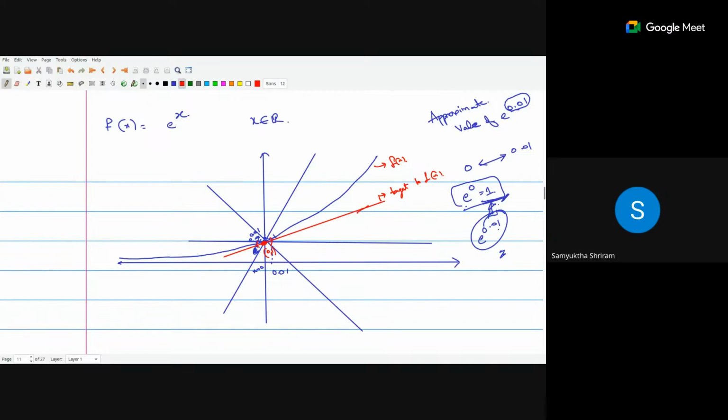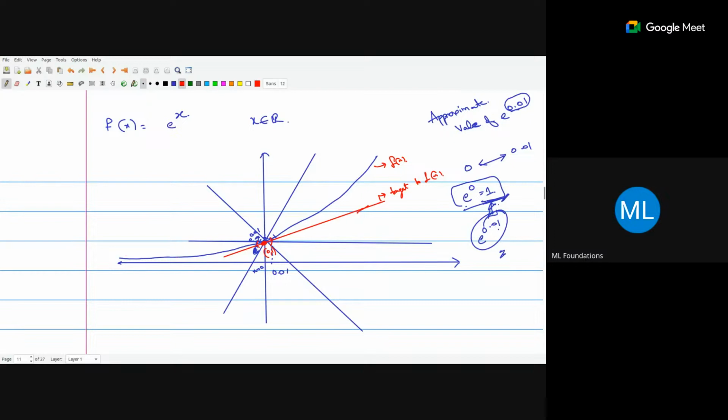Sir, could you repeat that point about the tangent? I think I missed it. Okay, among all the lines which pass through 0, 1, there will be an infinite number of lines. Among all the lines, the tangent line: see, this e to the power x is a smooth curve.